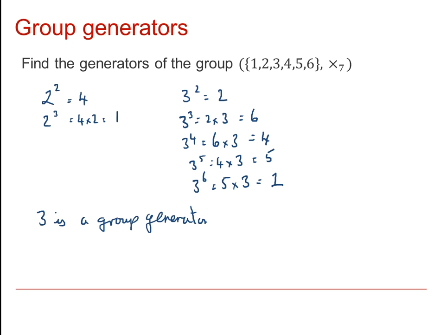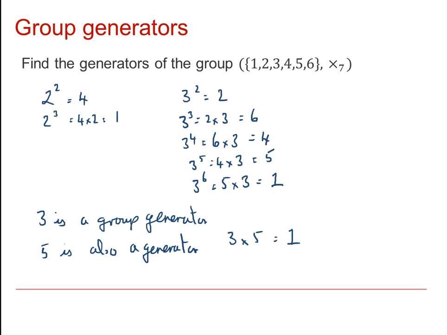It's easy to check that 5 is also a generator. And this is going to be true because if you look at 3 multiplied by 5, then that is equal to 1, which is the identity element. So 3 and 5 are inverses of each other. And you can also check that 4 and 6 are not generators.